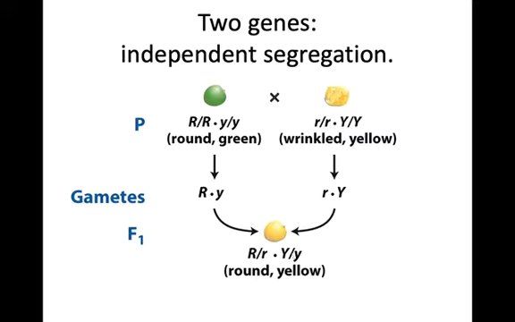So there's a 1/4 chance that you obtain a big R, big Y gamete. Likewise, there's a 1/4 chance that you obtain a little r, little y gamete. Likewise, there's a 1/4 chance of a big R, little y gamete, and a 1/4 chance of a little r, big Y gamete. Now, that's because the segregation at this locus doesn't influence the segregation of that locus.